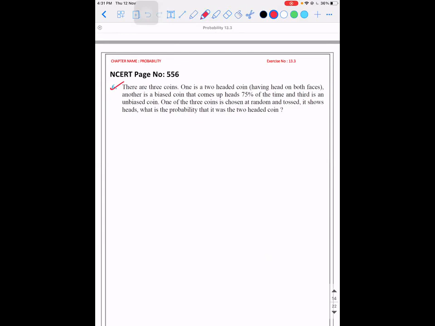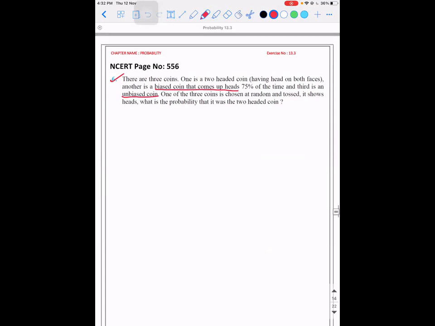One is a two-headed coin having head on both the sides. Another is a biased coin that comes up heads 75% of the time. And third is an unbiased coin. One of the 3 coins is chosen at random and tossed. It shows heads. What is the probability that it was the two-headed coin?